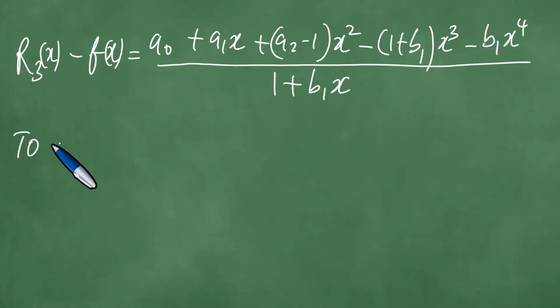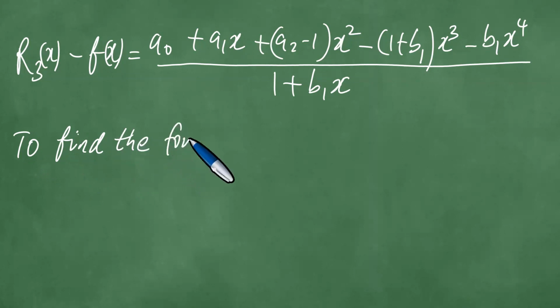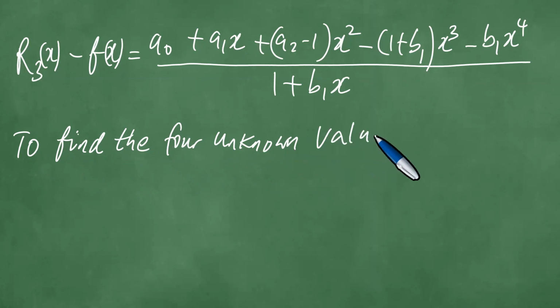So in the Pade approximation, we proceed to find the 4 unknown values.